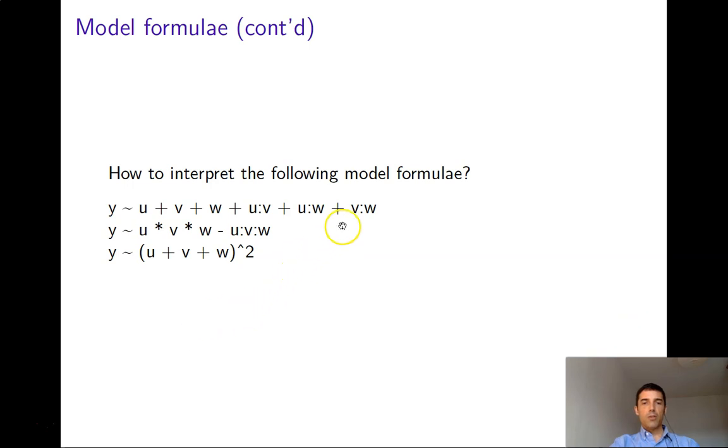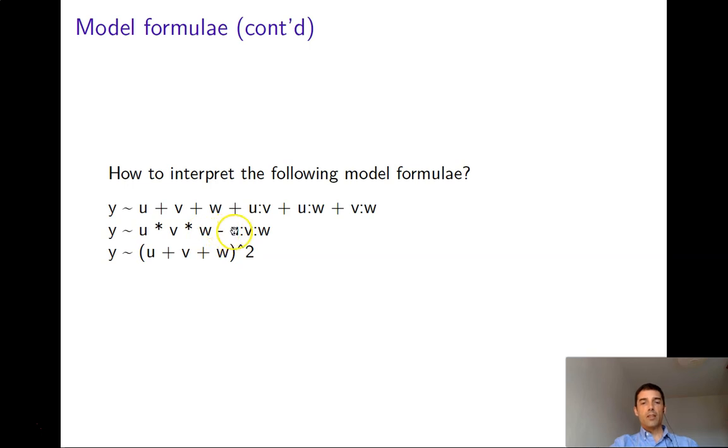So how do we interpret the following model formulas? This first one includes three variables, u, v, and w, plus the interaction of u with v, u with w, and v with w. So this is all of the two-way interactions. The second one, u times v times w, would include the three variables plus all of their two-way interactions plus the three-way interaction.